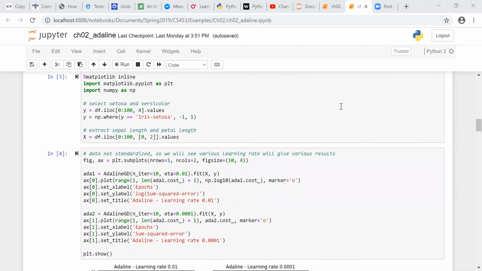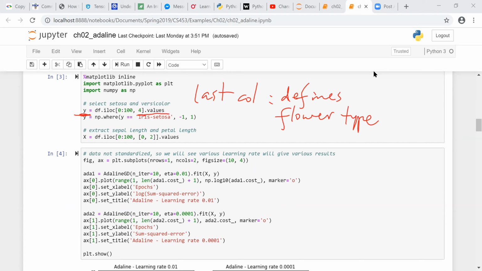And then next, let's see. So over here, the target is what? It is the last column. Okay, so the last column defines what? Flower type, is it? And the features, we get what?